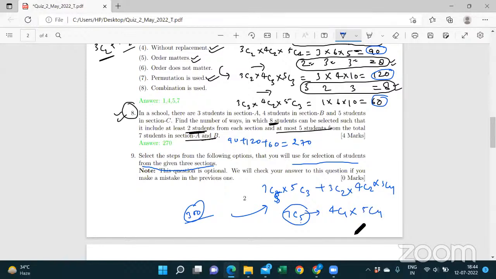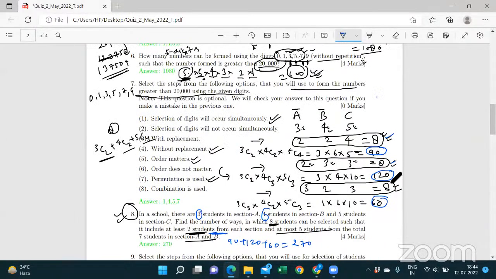And the question is, from the total 7 students, you have to choose at most 5. So you have to consider 3C1 into 4C4 as well. The condition fails here because we have to choose at least 2 also. So we have to consider all these possible cases.